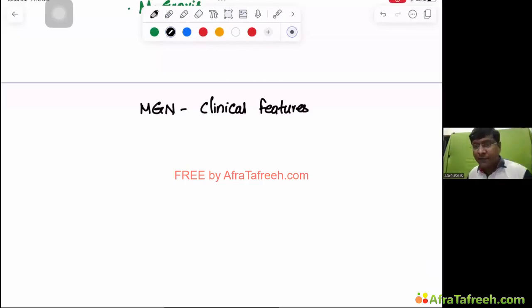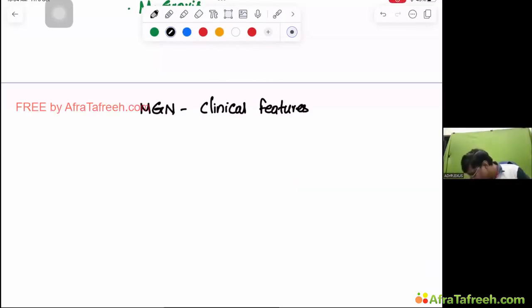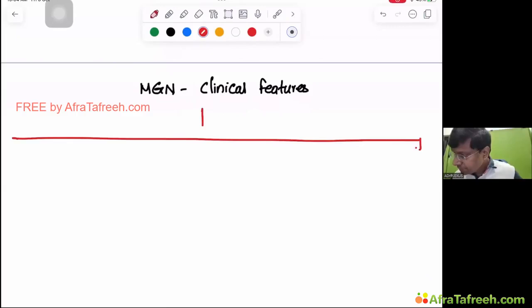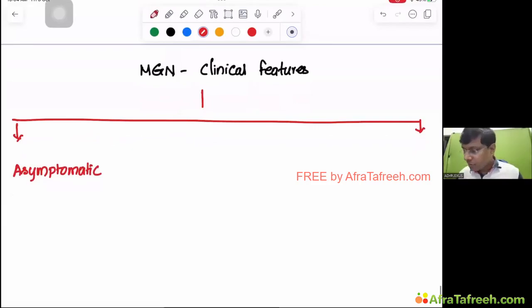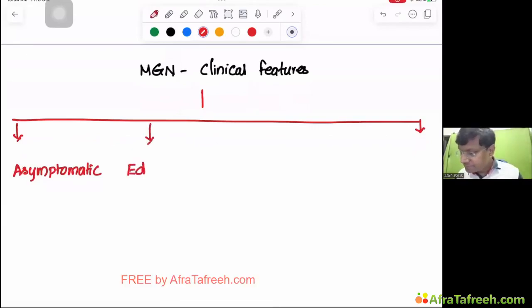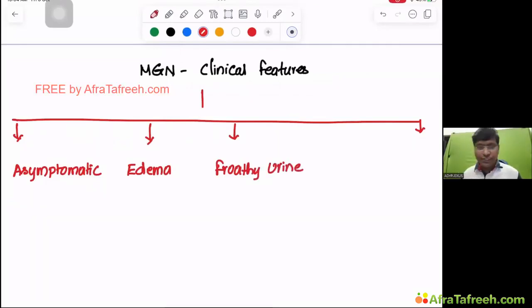They develop frothy or foamy urine. The clinical features completely vary. Either they are asymptomatic, or they may become edematous, and there will be presence of frothy urine. And why is this frothy urine? That is because of the proteinuria.